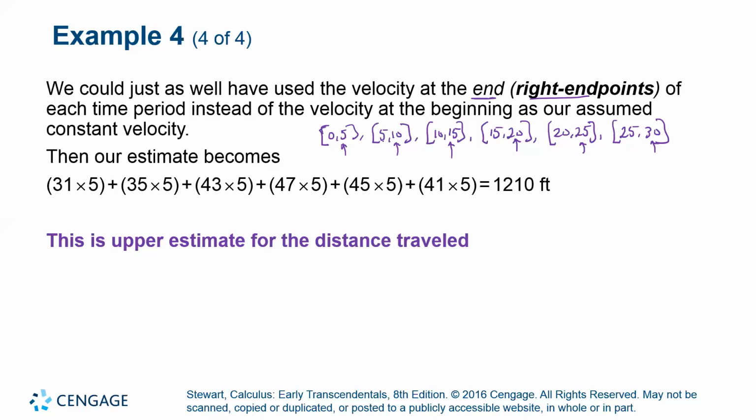At 5 seconds the velocity is 31, so 31 times 5. At 10 seconds it is 35, in that order, and at 30 seconds it was 41. When you do this, it is 1,210 feet. That's the distance traveled. Again, because the velocity is steadily increasing, it is the upper estimate.